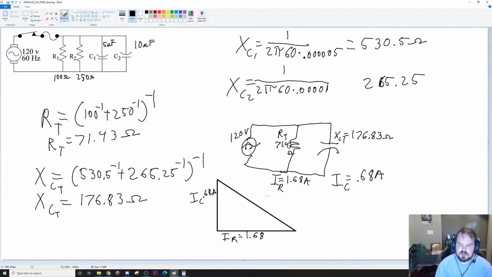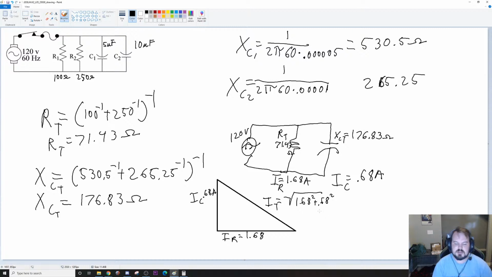So now we just have to do I total, which is the square root of 1.68 squared plus 0.68 squared.